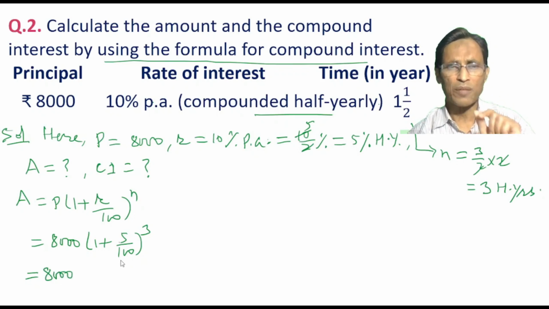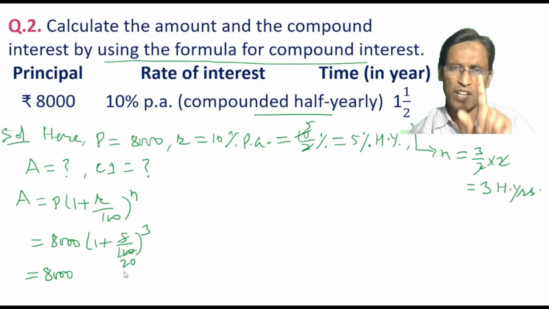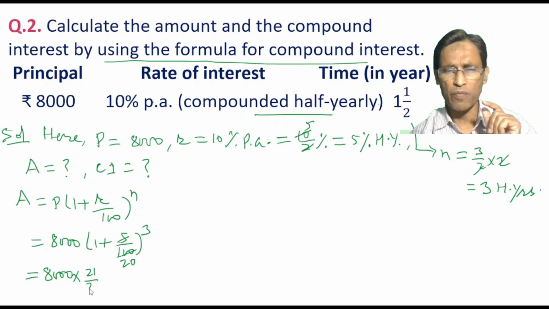Now we come to the terms under bracket. Clearly here it can be said that 100 is divisible by 5 in 20 times. So we divide 100 by 5 in 20 times and then we simplify it. In simplification we can say 1 plus 1 by 20 comes 21 by 20, and so now we write it 21 by 20 to the power 3.